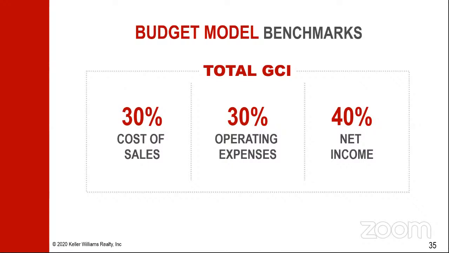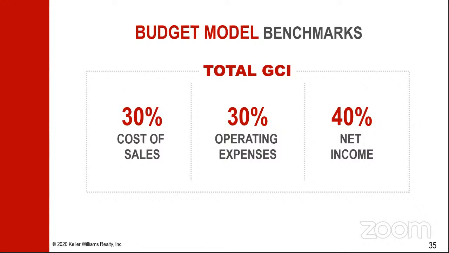Now, you may also find out that in some areas, the 30, 30, 40 may not work as well. Okay, it may be more expensive for less rewards, so the income may be less than 40%. It's okay to be outside of these values. Like I said, it just gives a framework for you to help to understand your business.